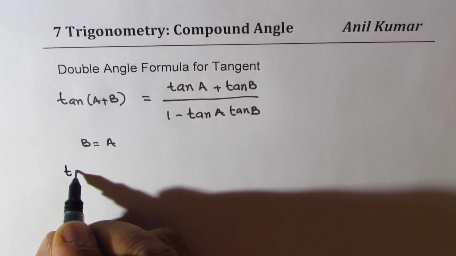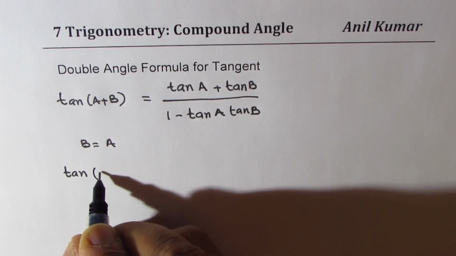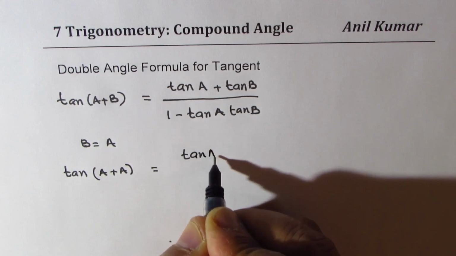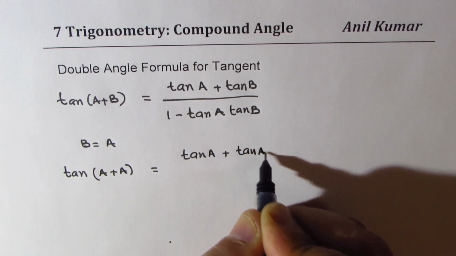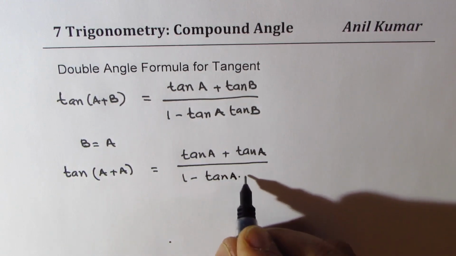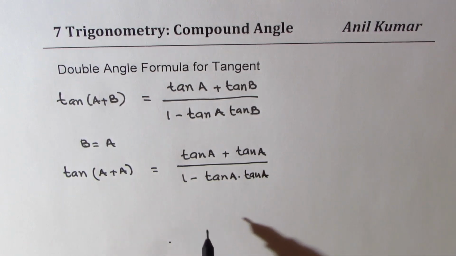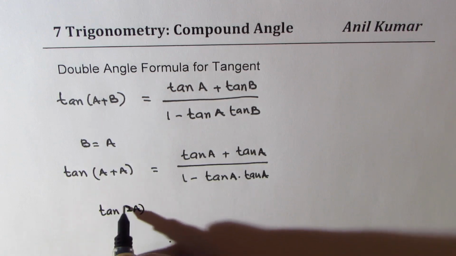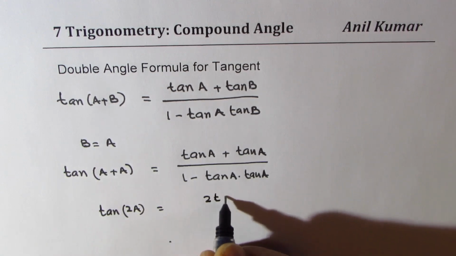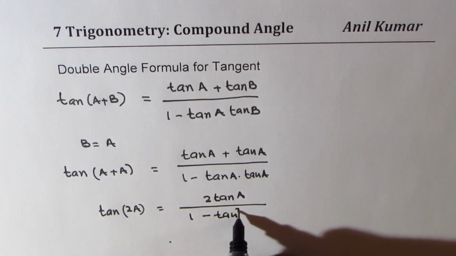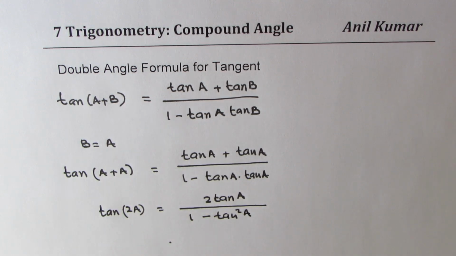We get tan of A plus A, which is tan 2A, and the numerator is tan A plus tan A, divided by 1 minus tan A times tan A. So tan 2A equals 2 tan A divided by 1 minus tan square A. Correct?